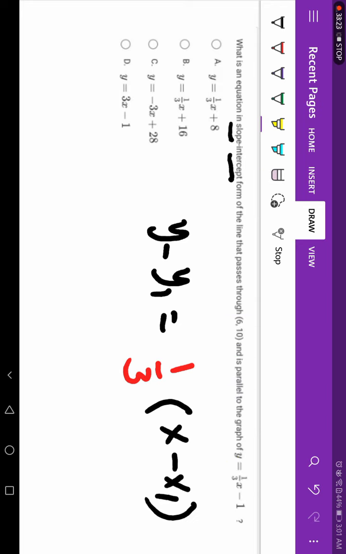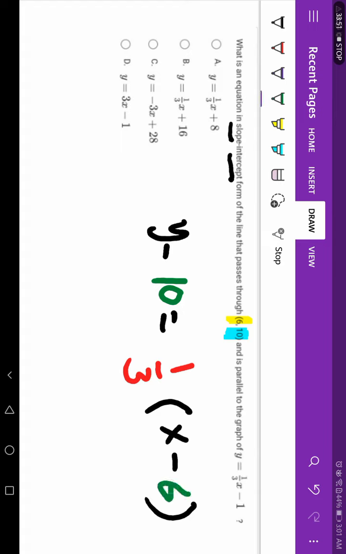So now I have to plug in those numbers. One number for the y and one number for the x. Hurry up. So this is 10 and this is 6. You have to be careful, it's confusing.